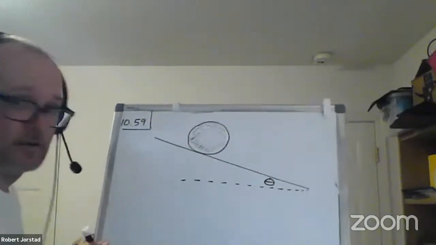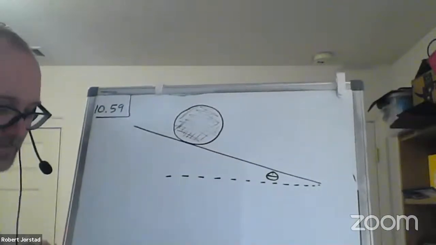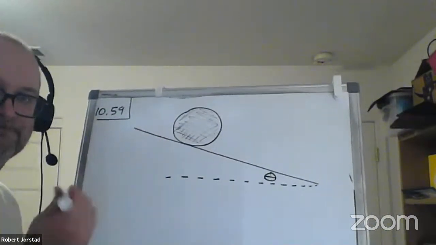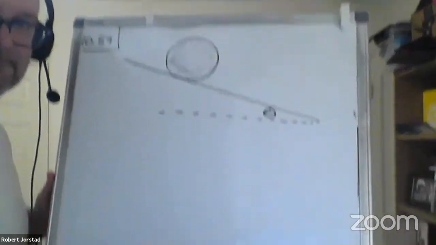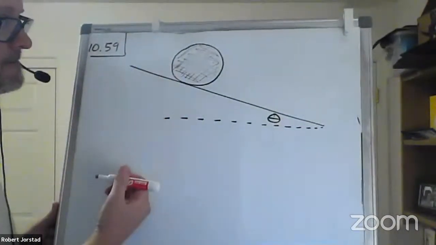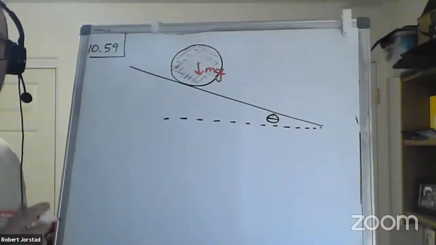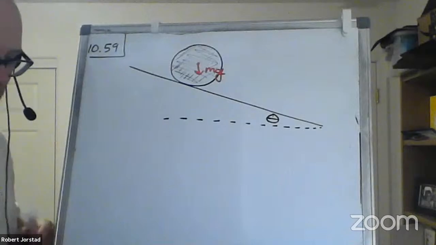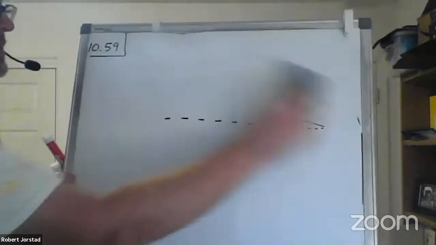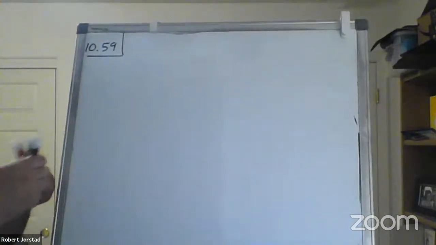Okay, got a spherical object here. What's one force acting on it? mg. Where's it act? Center. mg. What's another force? I need a bigger picture. Start thinking about the forces. I'm going to draw a bigger picture here.